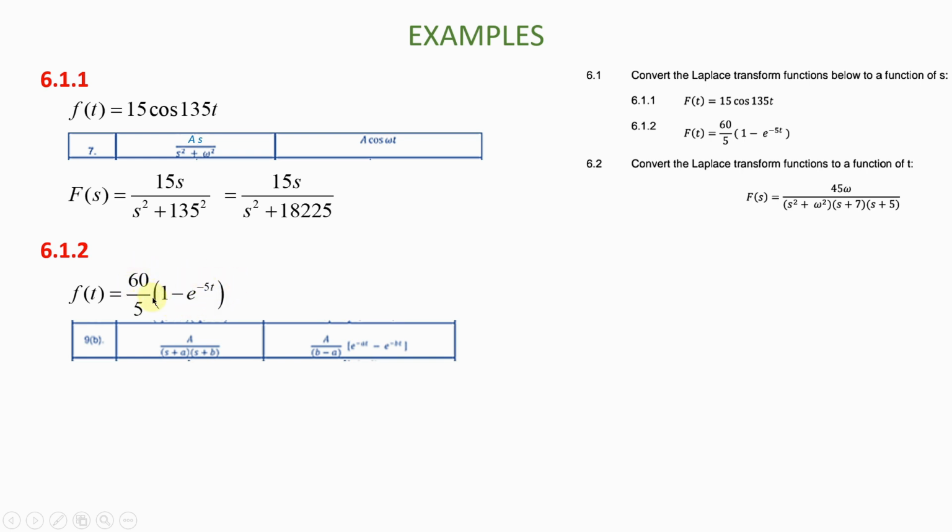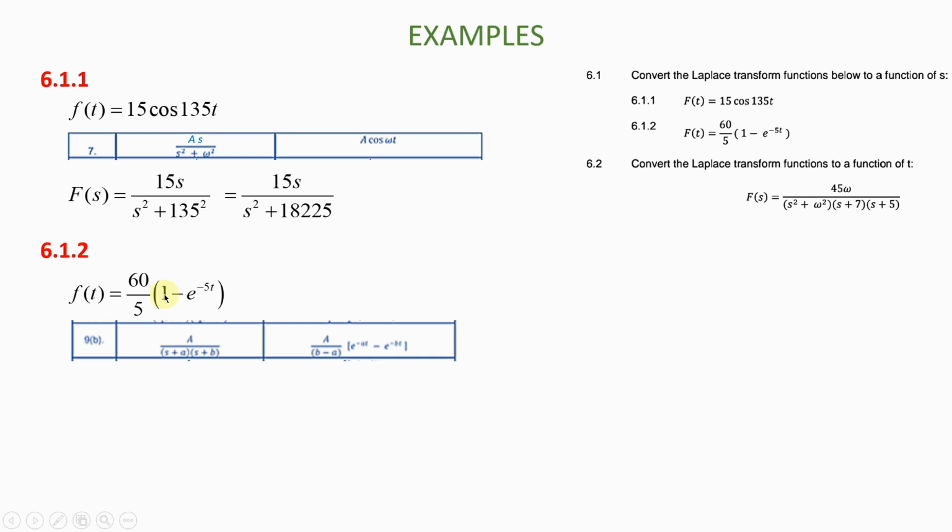But now you need to use your intelligence here, because somebody else may say, but when I look at this function in the table, it's got e to the power of minus at minus e to the power of minus bt. But here what I have is 1. I do not have e here.